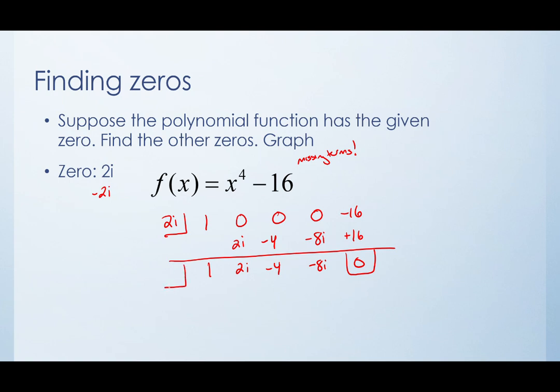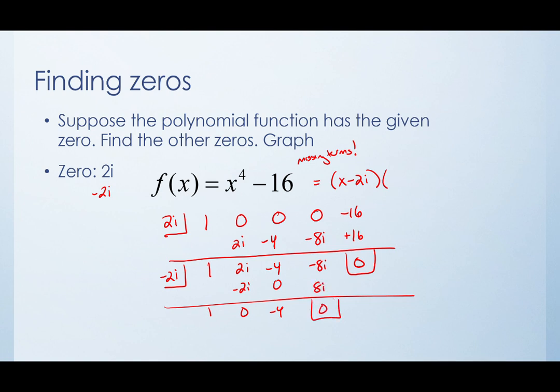Now, we also know, because these complex roots have to come in complex conjugate pairs, that negative 2i is also a root, because this now is still a 4th order polynomial. So we've got x minus 2i. That's one of them. All right, so we're going to divide this out, right? Negative 2i, we're going to have 0, 0, negative 4, and 8i, which of course cancel.